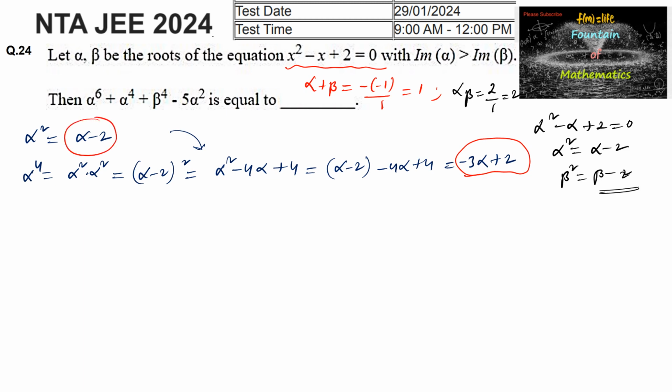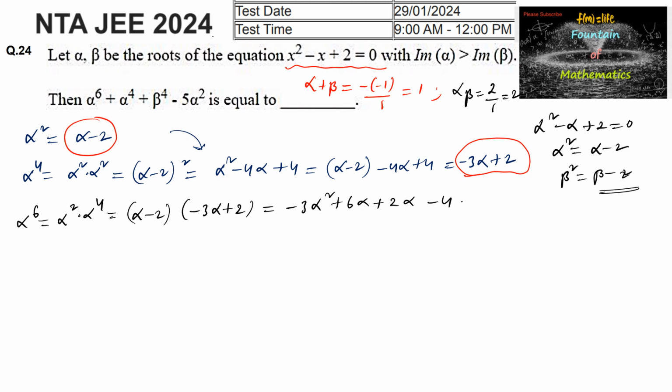Alpha square value is alpha minus 2, and now consider alpha power 6, which is equal to alpha square into alpha power 4. So alpha square value is alpha minus 2 into alpha power 4 which is minus 3 alpha plus 2. This is equal to minus 3 alpha square, and here it comes 6 alpha plus 2 alpha and again minus 4, so minus 3 alpha square plus 8 alpha minus 4.